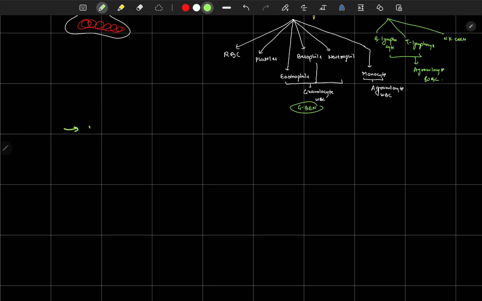Okay, the pH of our blood is 7.4. Basically it is between 7.35 to 7.45. It is in a very narrow range. Okay, it is slightly alkaline. You know, pH less than 7 is acidic and more than 7 is alkaline. So it is slightly alkaline, which is fixed to this narrow range.